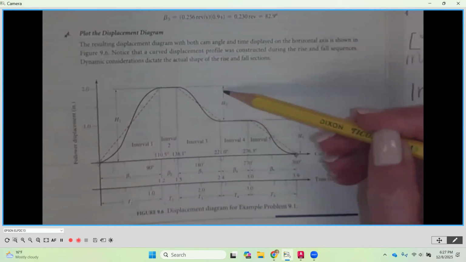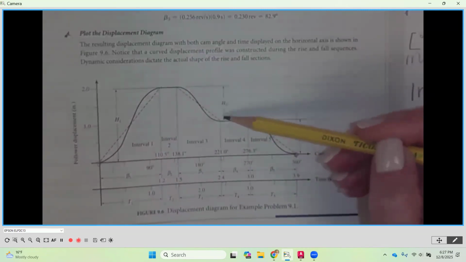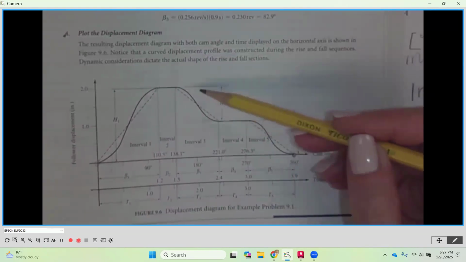Then the next time 3 was a fall of 1 inch. So this distance right here, it fell. If we measure this, this would be half of the 2 or 1 inch. And then the time that it took is going to be our beta 3, which was 82.94 degrees. Okay.